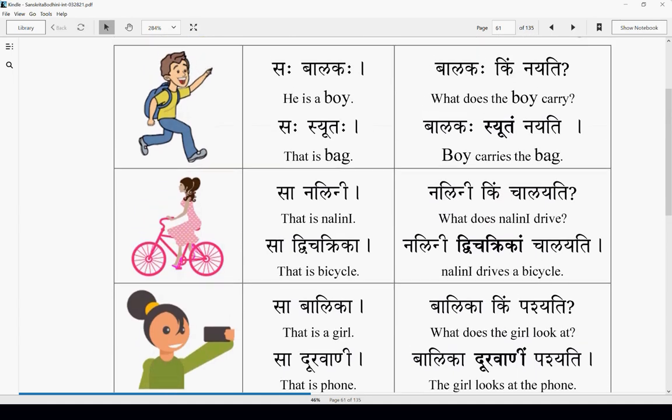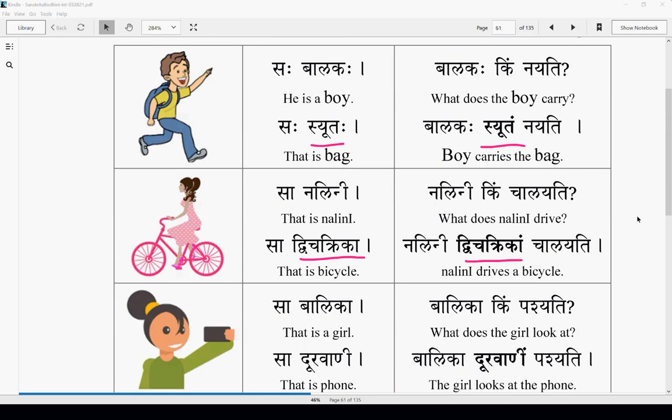Okay, so in the previous examples, we looked at Syutaha being a Pullingam word, and its Dvitiya Vibhakti form is Syutam. And Dvichakrika is what kind of word? What is the lingam? Strilinga. Akaranta Strilinga Shabdaha, Dvichakrika. Its Dvitiya Vibhakti Rupam is Dvichakrikam.